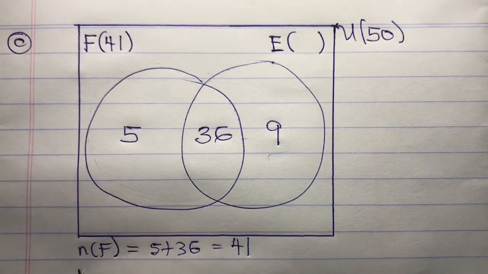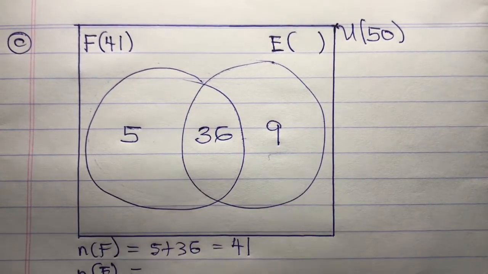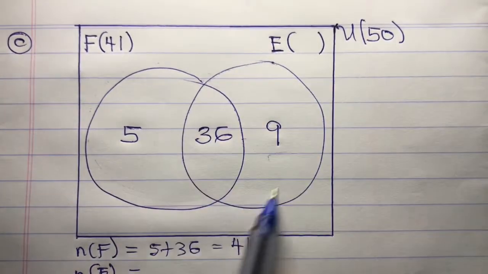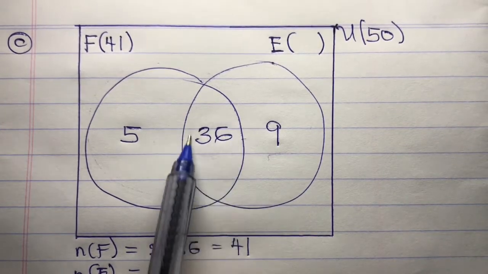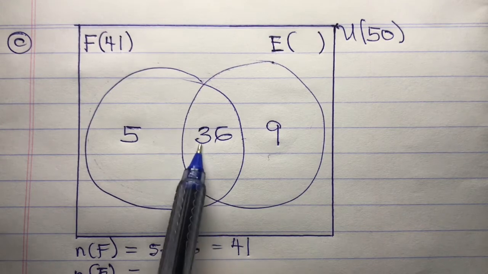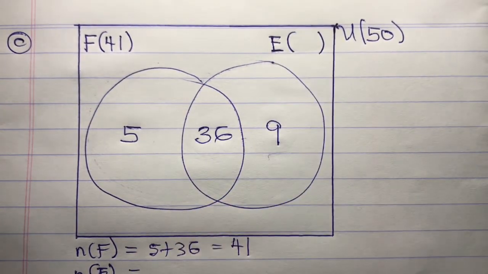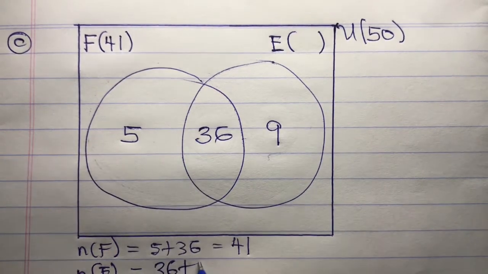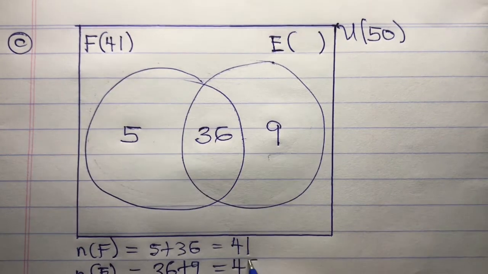And then to find the number of pupils who speak English, it will be the number of people who speak both French and English plus the number of people who speak only English. So it will be 36 plus 9. This region is this. So it will be 36 plus 9, and this will give us 45.